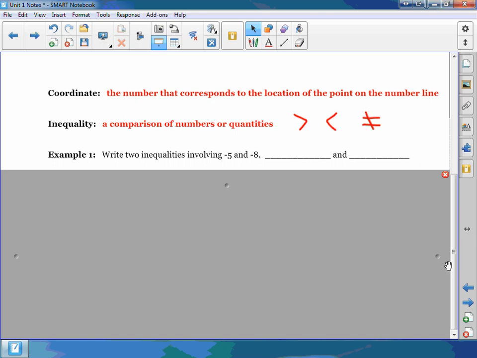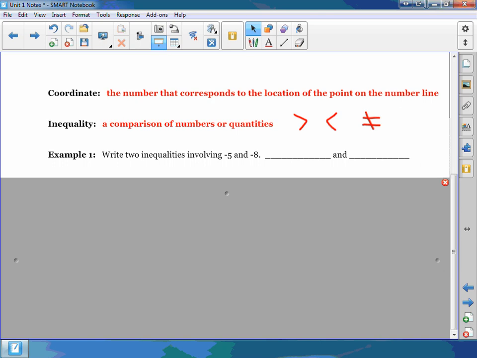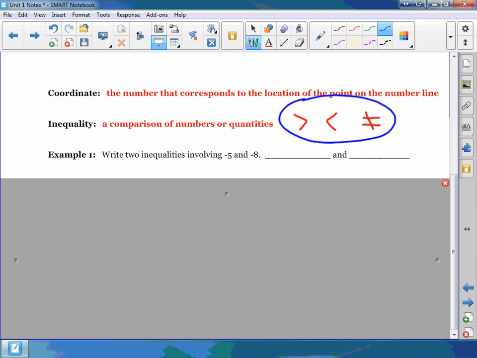Okay, well, I'm going to start by going through these. We said we're going to use these inequality symbols up here, the inequality symbols that I wrote right there. I'm going to choose to use the first two in example 1. So when it asks me to compare -5 and -8 right here, I'm simply going to look at the number line and make my comparison.